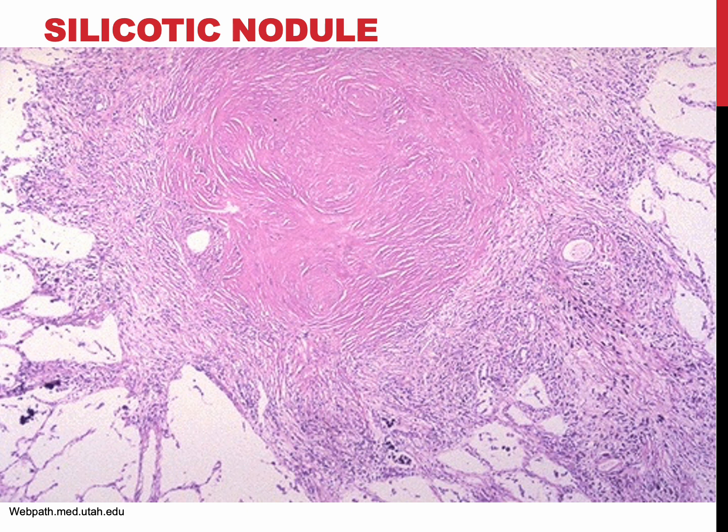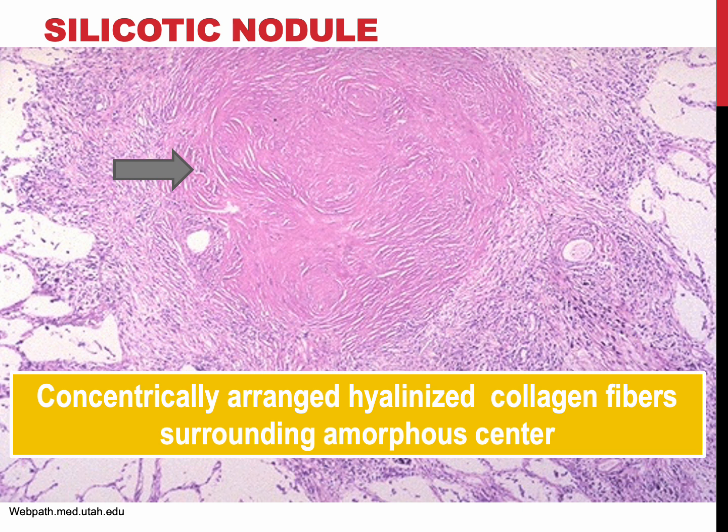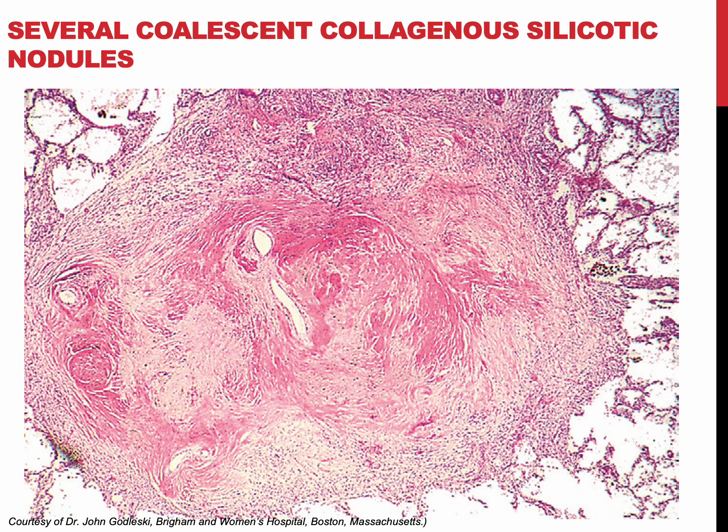This figure shows the histologic appearance of the silicotic nodule in the lung. As you can appreciate, there are concentrically arranged collagen fibers surrounding an amorphous center. At the periphery, as you can see, the alveolar spaces are still patent. This figure shows other silicotic nodules.